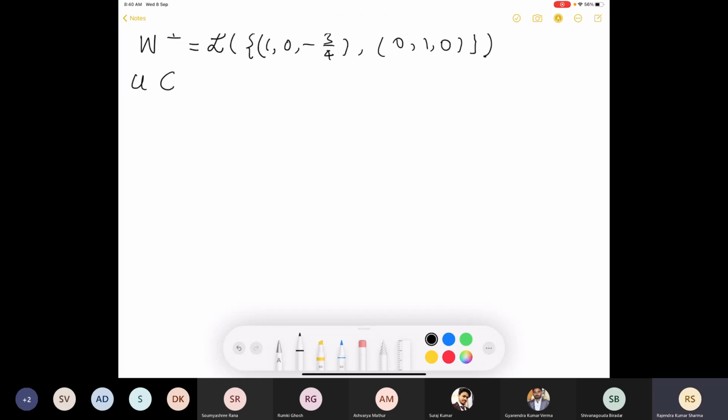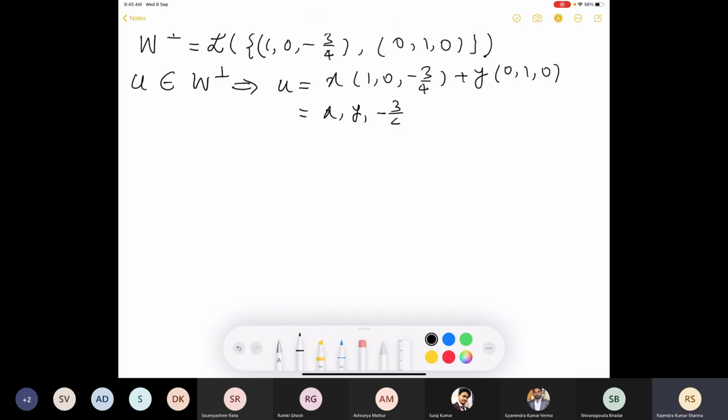So any U in W orthogonal, therefore, is a linear combination here. So U is x times (1, 0, minus 3 by 4) plus y times (0, 1, 0), and that is simply (x, y, minus 3 by 4 x). That's what we know also already.